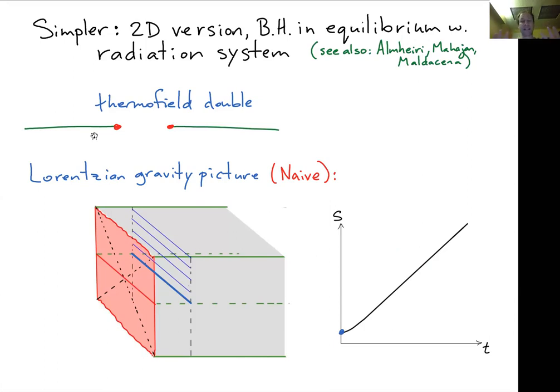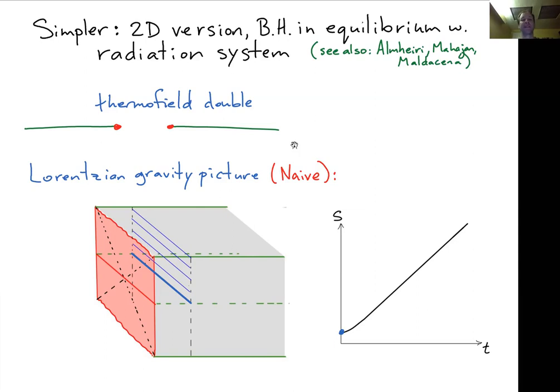So this is very analogous to what was in the paper of Almheiri et al. And so the idea would be to start out with some situation where you have a bunch of energy in these degrees of freedom, and then it would evaporate.